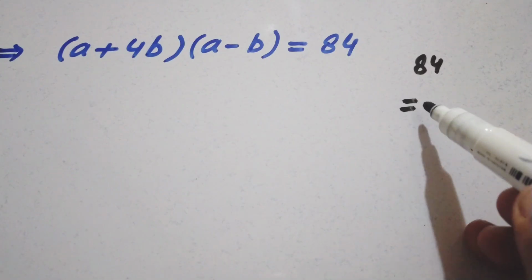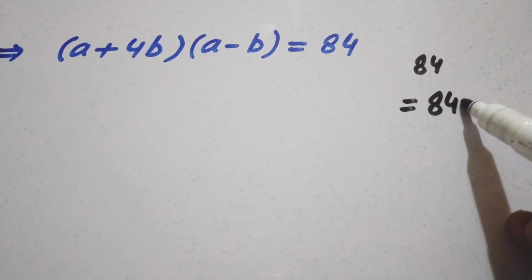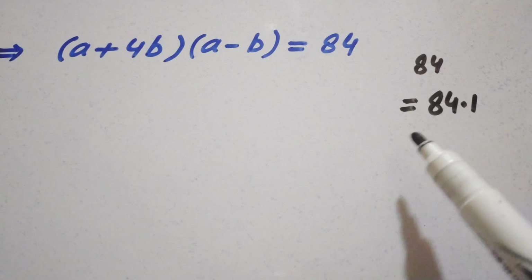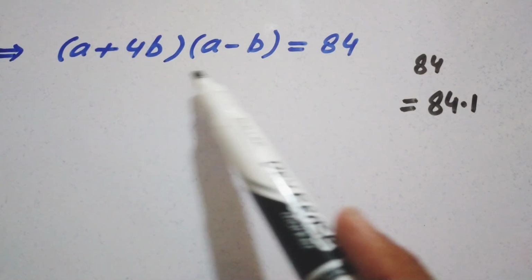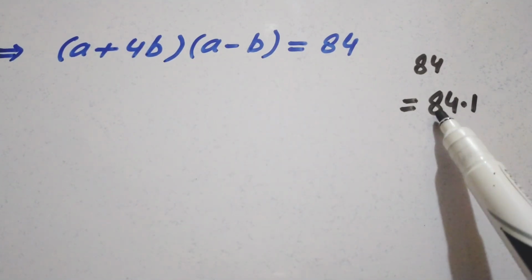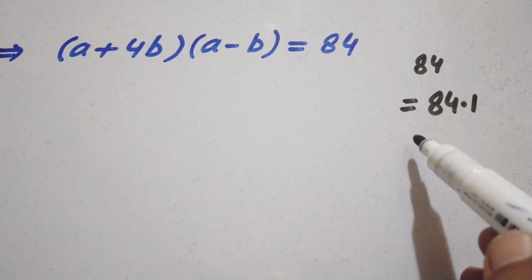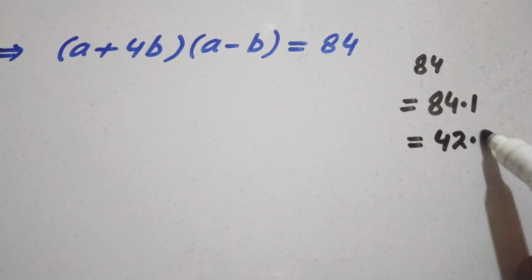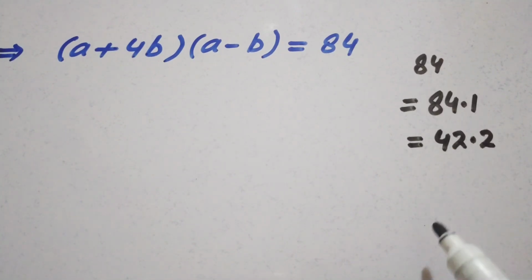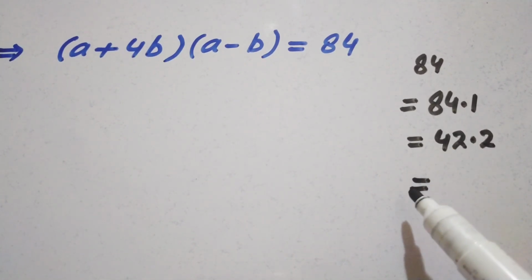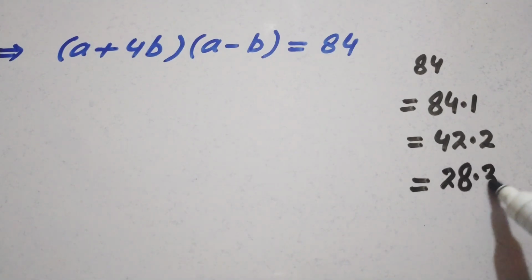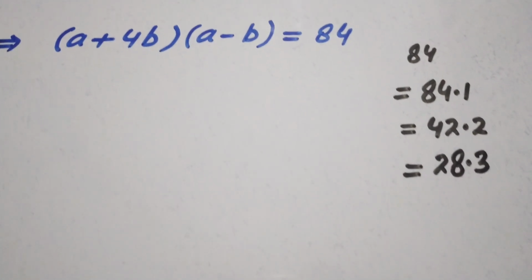84 is equal to 84 multiplied by 1. We cannot write this as 1 multiplied by 84 because a plus 4b is greater than a minus b. And the second factor we will write 42 multiplied by 2, which gives us 84. The third factor, 28 multiplied by 3, gives us 84.